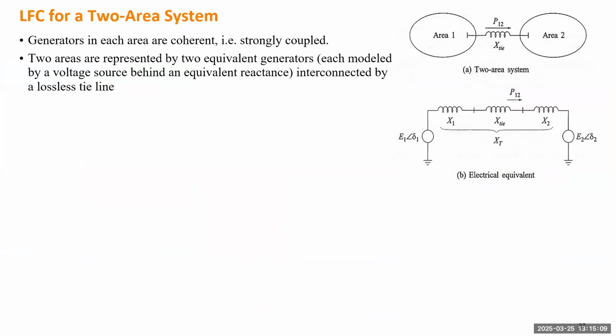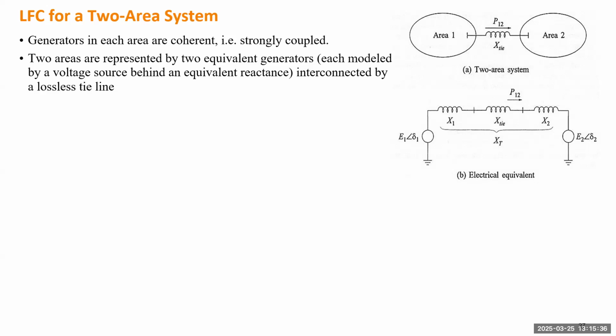All right, so now we're ready to talk about a system with multiple areas. We start from a two-area system. Because we mainly focus on the steady-state frequency, and also look into some aspects of the dynamics of frequency regulation, we don't need to take very detailed generator models as we developed in the generator modeling section.